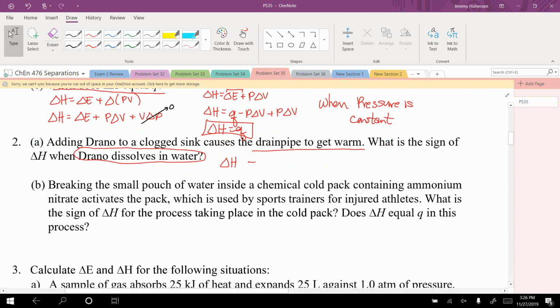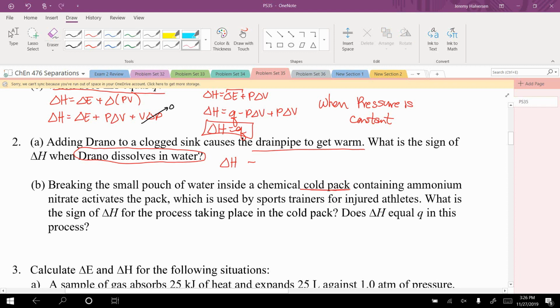Okay, breaking the small pouch of water inside a chemical cold pack containing ammonium nitrate activates the pack, which is used by sports trainers for injured athletes. What is the sign of delta H for the process taking place in the cold pack? Does delta H equal Q in this process? Okay, so we break the cold pack. The ammonium nitrate activates, and the pack gets cold, right?